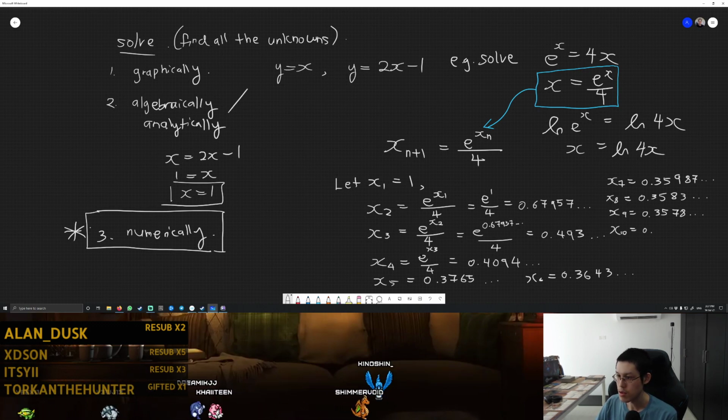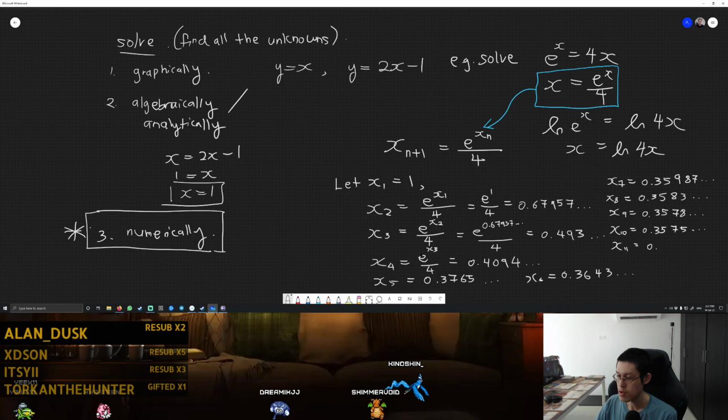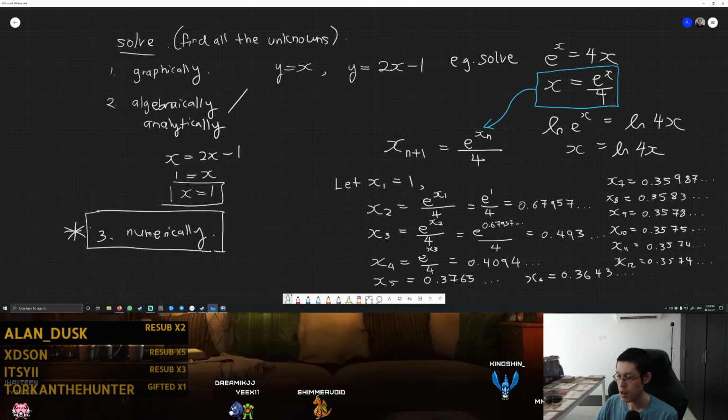X10 is 0.3575. X11 is 0.3574. X12 is 0.3574. And now you can see that the 4th decimal place hasn't changed, so we can stop now.